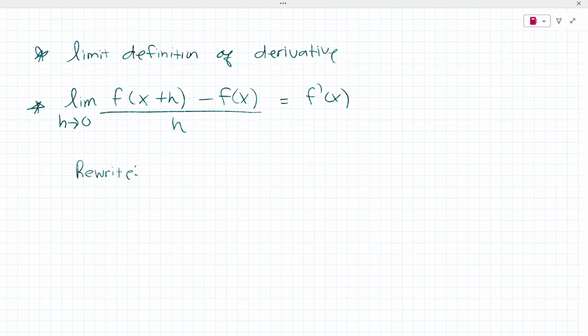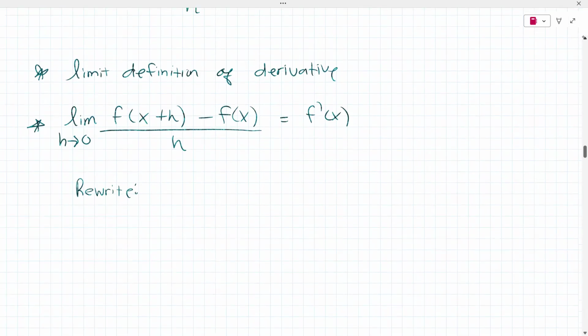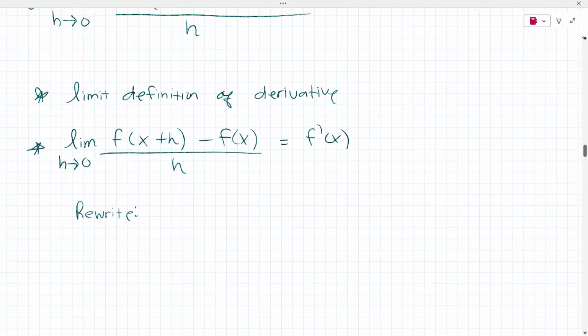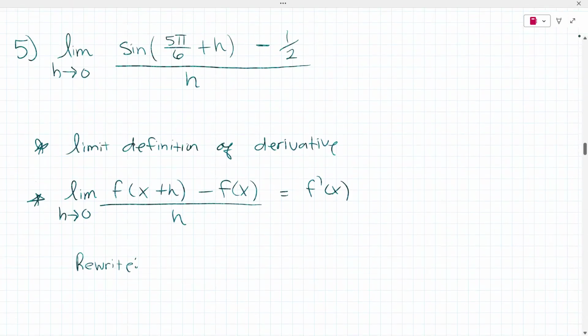I'm going to rewrite it as this. So this is our limit definition. What is our x? Here, let me show you. Look at what we have and compare it with this. So it looks like our x is 5 pi over 6, right?